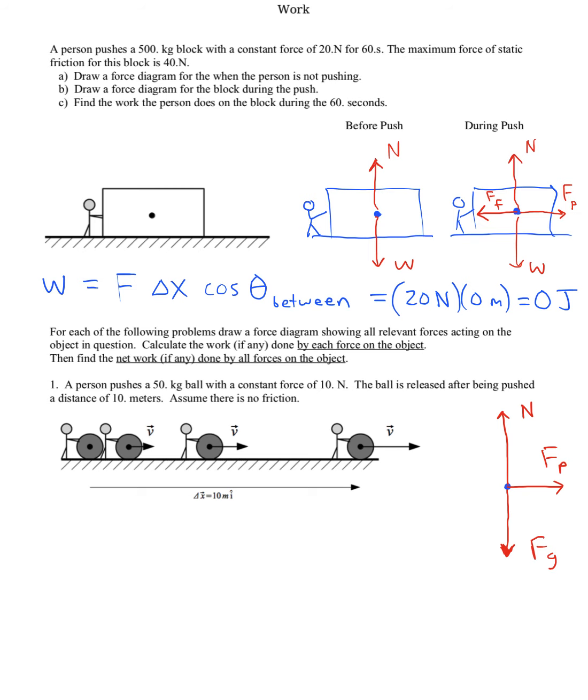Now let's calculate the work that each of these forces does on the ball. So first of all, the work of the push on the ball will be the force of the push times the displacement of the ball, and then the cosine of the angle between them. So they said the person's going to push with 10 newtons, and the ball goes 10 meters in the positive x direction.